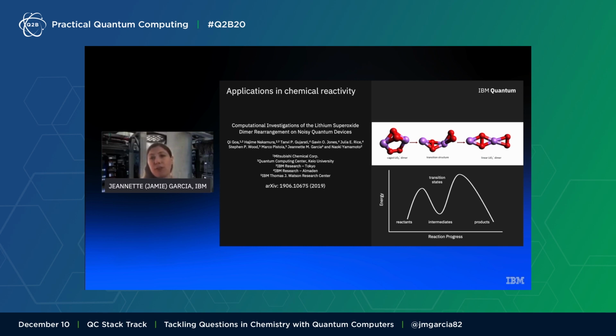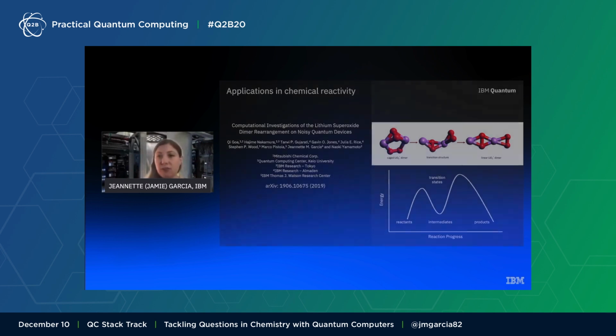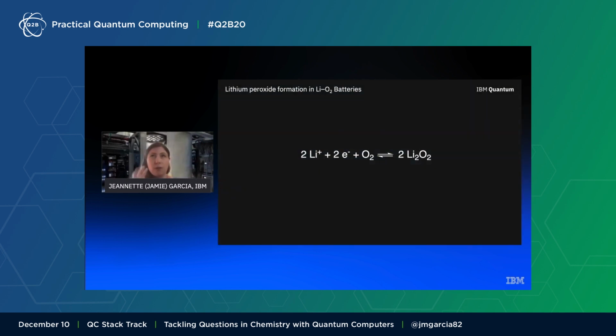So what we were evaluating here was the change of a caged lithium superoxide dimer, which is part of the chemical reaction, as it goes from the cage structure to something more linear. We weren't having to evaluate bonds breaking and forming between different molecules, but rather a rearrangement of the molecule itself.